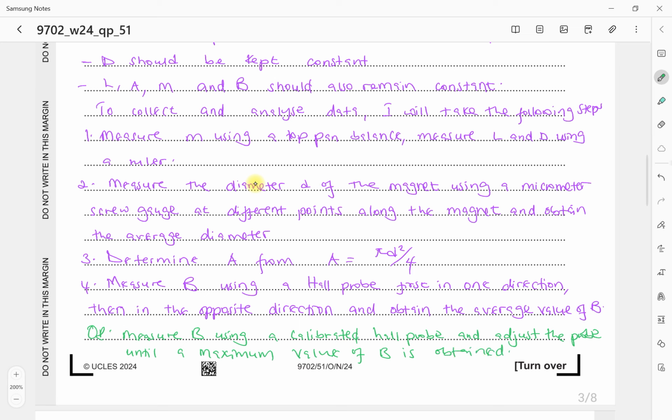So if it's not calibrated, we just look for the average value of B, as I have demonstrated in that first alternative.